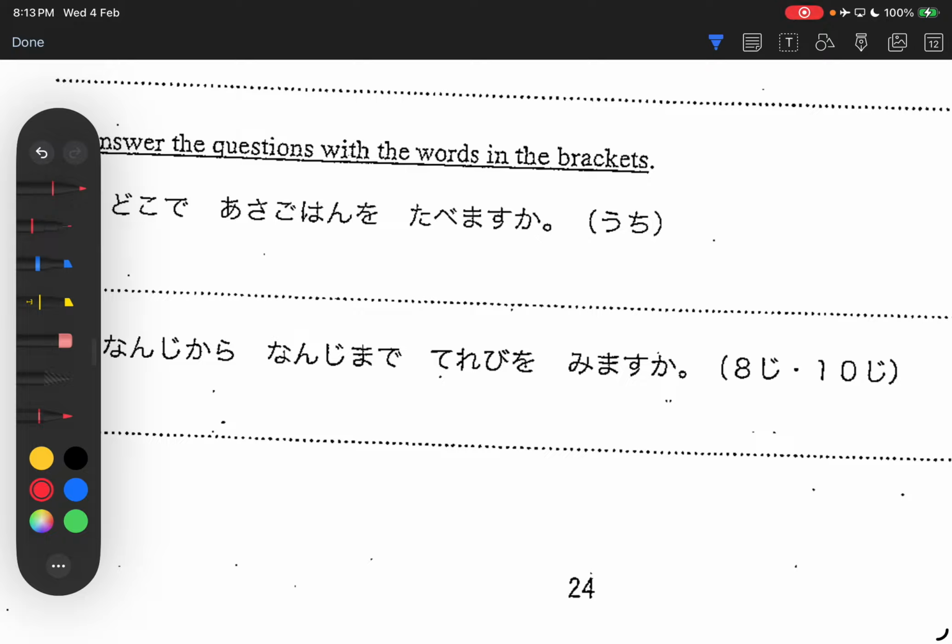So it's like you're excluding the 8 to 10. At 10 p.m. you start studying, then until what time you end, we never mentioned. So the phrasing is as if you excluded 8 to 10. So we still try to use kara made.